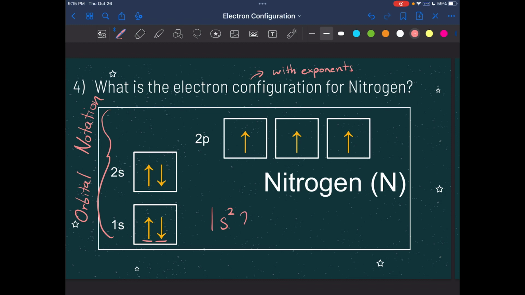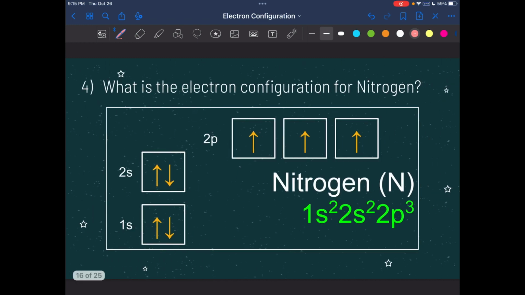Moving on to the next one, 2s contains 1, 2. So we're going to put an exponent of 2. And next for 2p, we have 1, 2, 3 arrow signs, which means the exponent will be 3. So you need to make sure that you count the correct amount in order to write down the correct exponents.